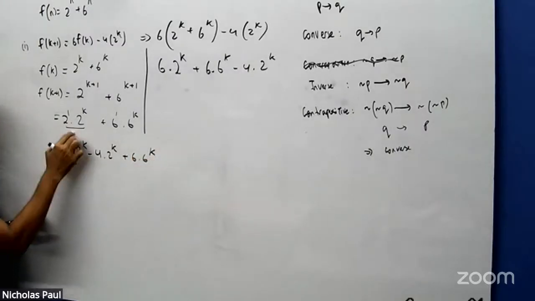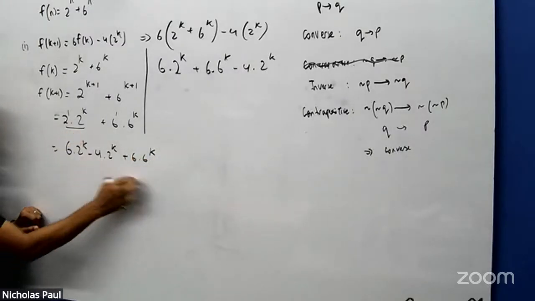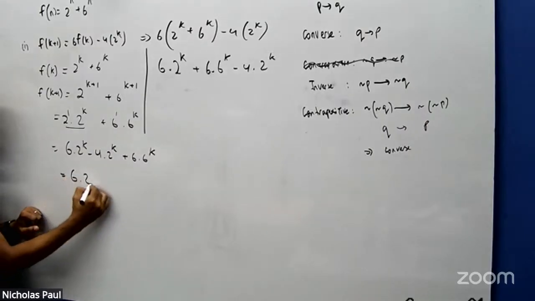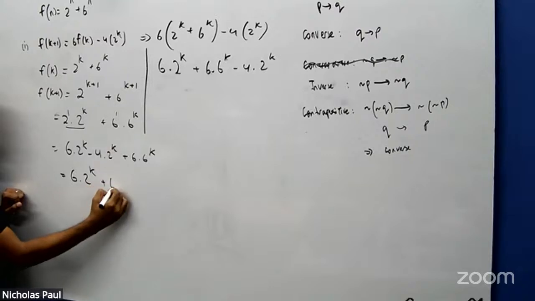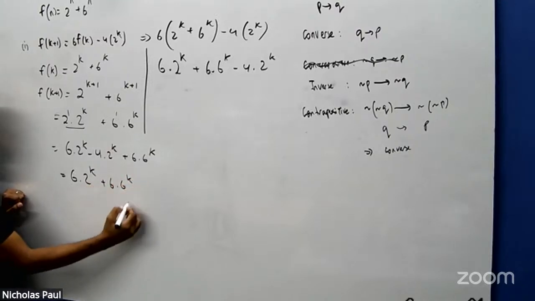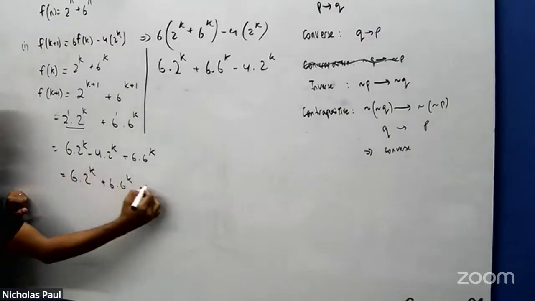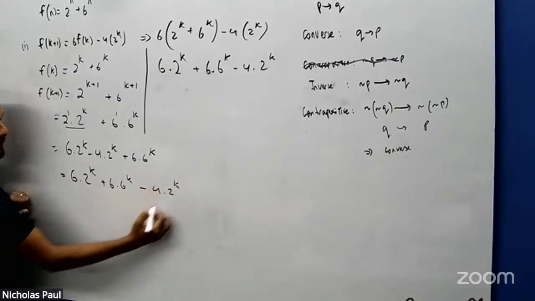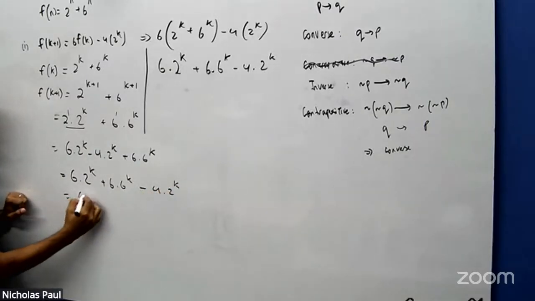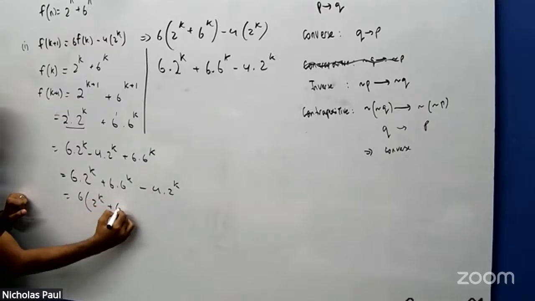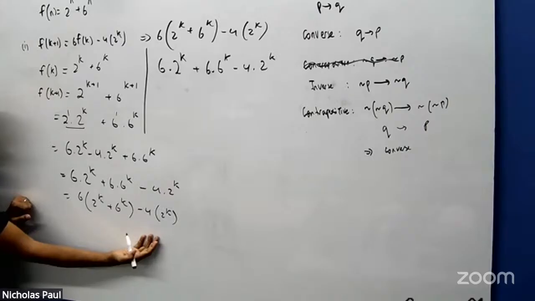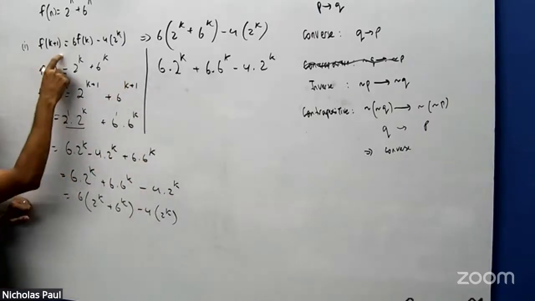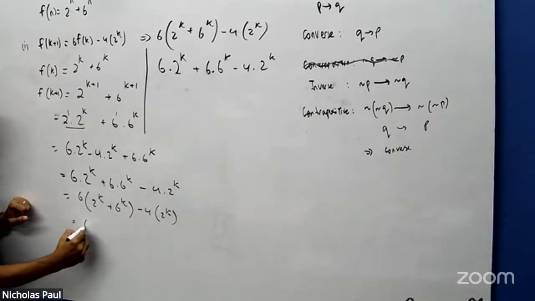This is the same thing, and now we can just switch it around: 6 times 2 to the k plus 6 times 6 to the k minus 4 times 2 to the k. And I can factor out 6 here. The only way I could have figured this out is by working with the original thing.